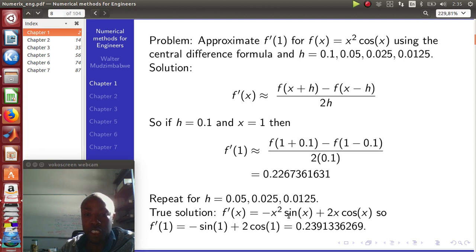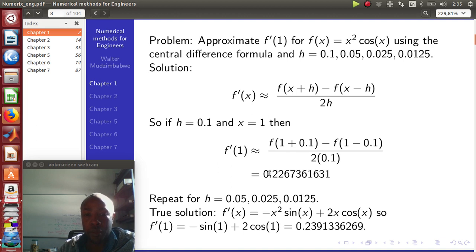The true solution is what I referred to earlier as the analytical solution. So basically, you differentiate this as if you were in high school. You differentiate this, you get this. Once you do that, you substitute at 1, because that is what we want. Again simplify this in your calculator, you get this.